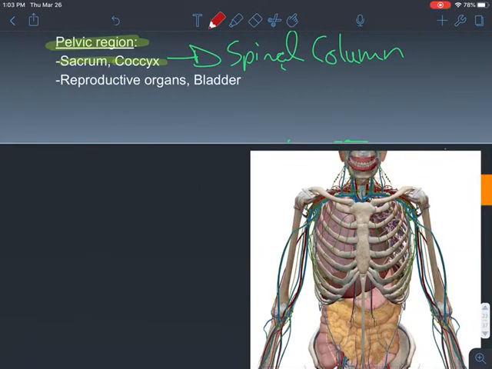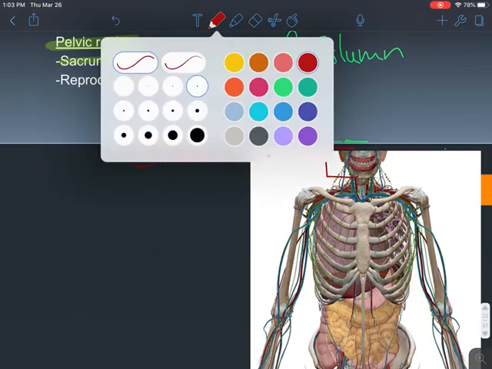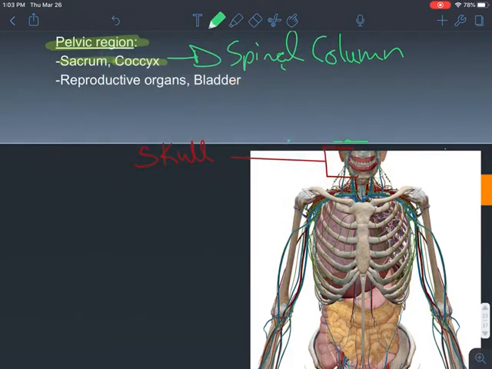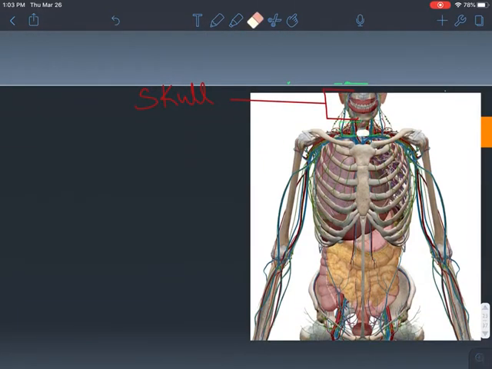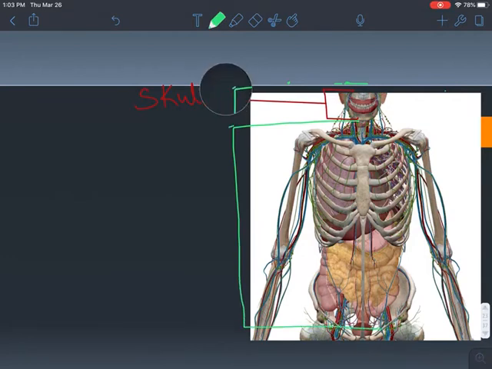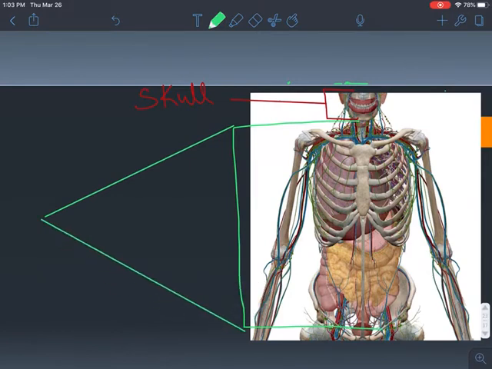All right, so to start off, this is the head, or let's just call it the skull, because that's what we're doing. And then this whole thing, from here all the way down to there, is your trunk.